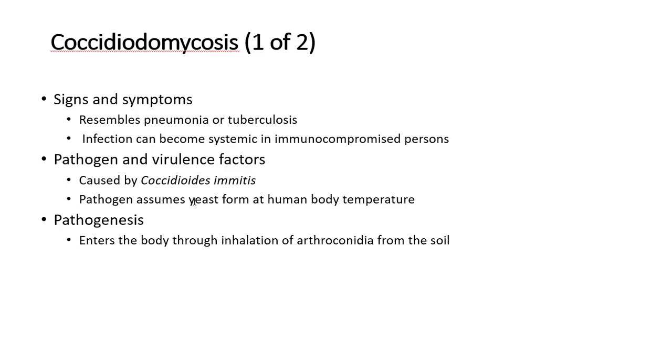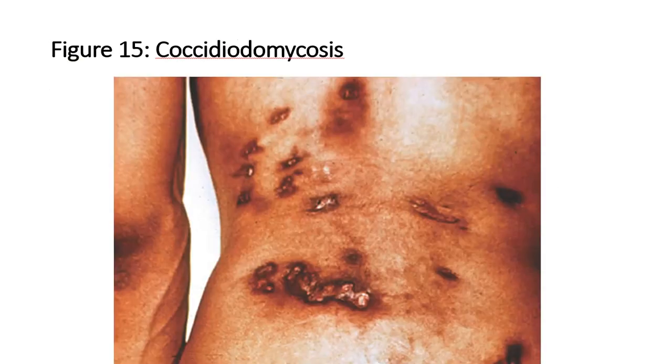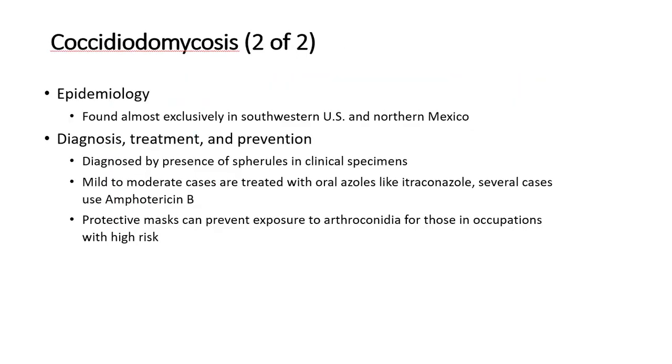It is endemic to the Southwestern United States. I'll show you right here. Here's what it looks like. Yeah, it's pretty nasty. Southwestern United States, northern Mexico, and basically we can get specimens from this and look for the presence of the spherules, and we can diagnose these guys.